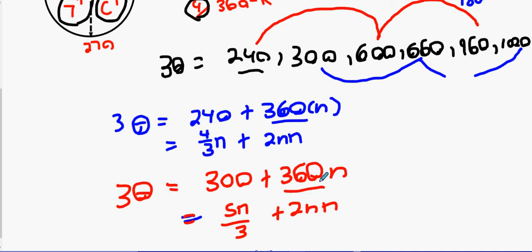Everybody cool with that? Have I got theta on its own yet? What's preventing the theta from being on its own? So divide both sides by 3. What's 4 over 3 pi divided by 3? 4 over 9 pi. And what's 2m pi divided by 3?